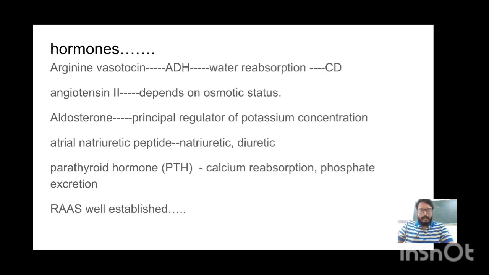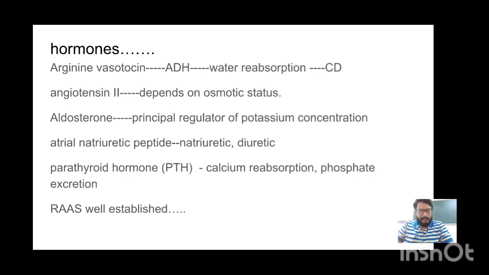Coming to the hormones which play an important role: arginine vasopressin, which is the antidiuretic hormone, is also referred to as arginine vasopressin in birds, which helps in water reabsorption. Mainly it acts on the collecting ducts and helps in the reabsorption of water.